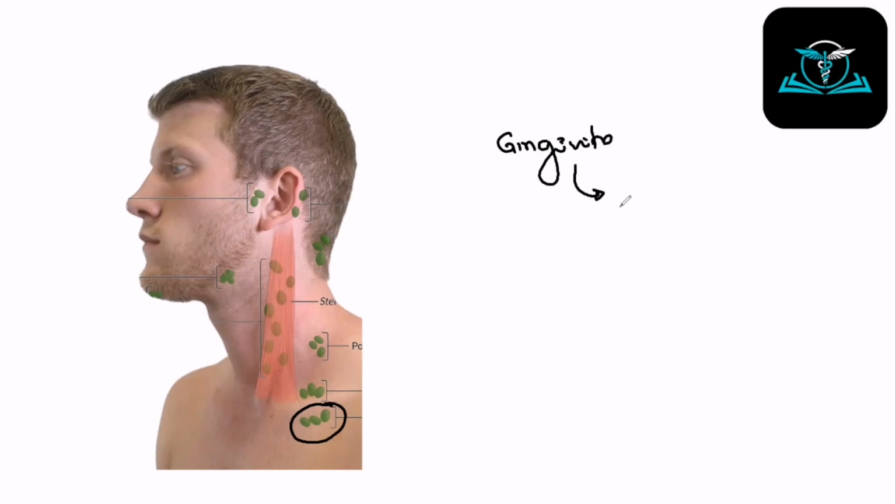Gingivitis is inflammation of the gum. It is also a periodontal disease. Someone has a toothache, a bad infection of the gum, and you are asked which lymph node is expected to be enlarged. Your best guess is that it is the submandibular lymph node. It drains most parts of the superficial structures of the head and neck.